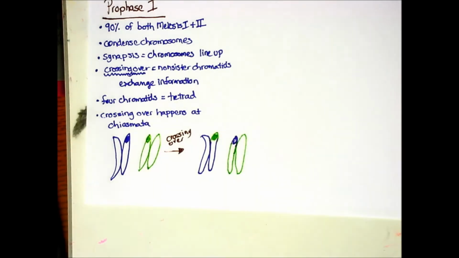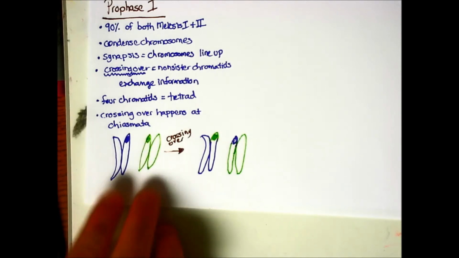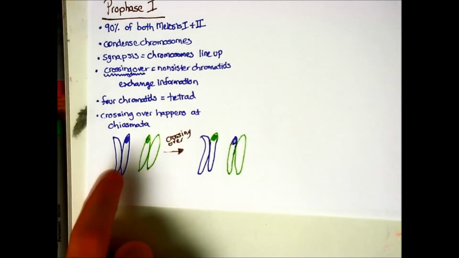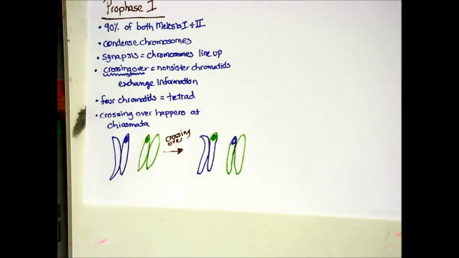Keep in mind that whenever you had created the sister chromatid, after you'd done the synthesis phase before meiosis 1, you had two sister chromatids that were identical. Those two are identical, and these two are identical.